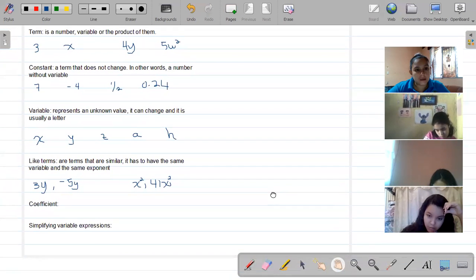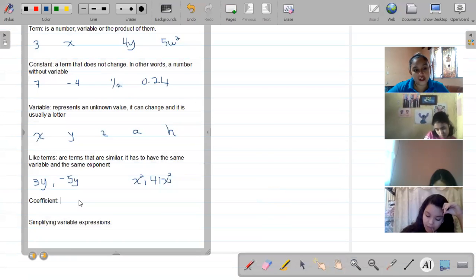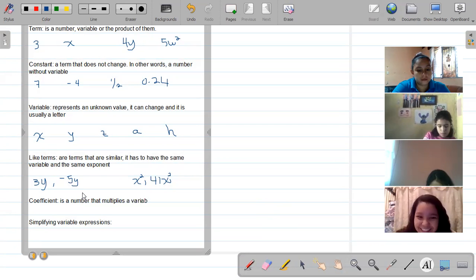We're going to move this a little bit higher. And now we're going to define coefficient. Since we know already the definition of term, constant, variable, and like term, now we're going to define what coefficient is. So a coefficient is the number that multiplies a variable.